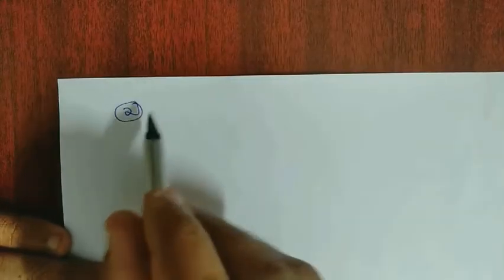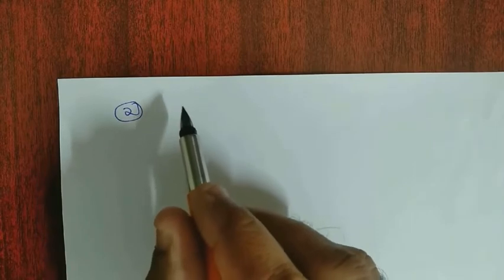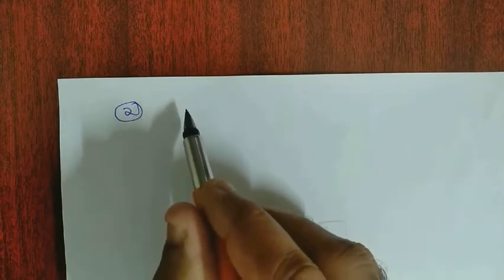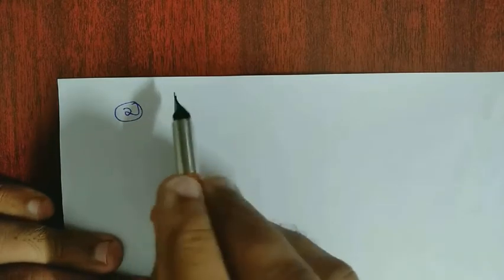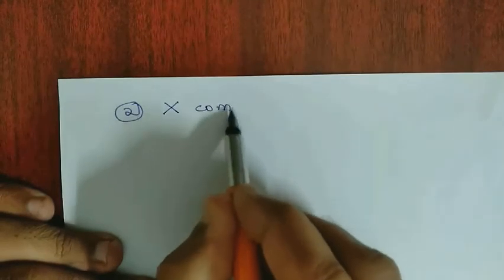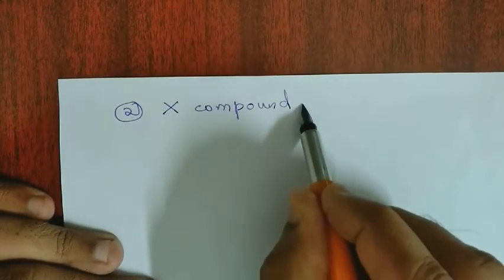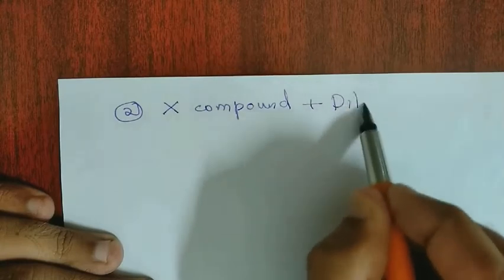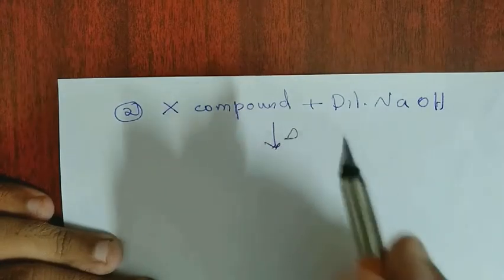Another test to distinguish nuclear halogen compounds from side chain halogen compounds involves heating the halogen compound with dilute NaOH for about 15 minutes.